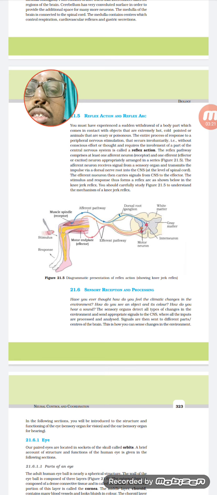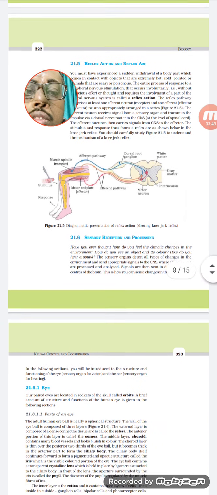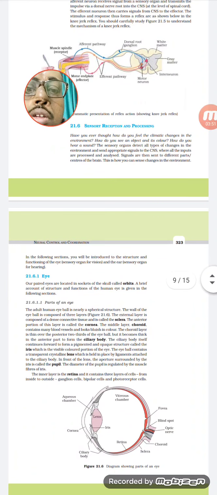For example, when the body touches a nail, the message is taken to the spinal cord by an afferent pathway, and the spinal cord takes the decision, and the message comes to the motor end plate, that is the muscular end plate, through an efferent pathway. Then the message goes to the brain, so that we feel the pain afterwards, getting a burn or something.